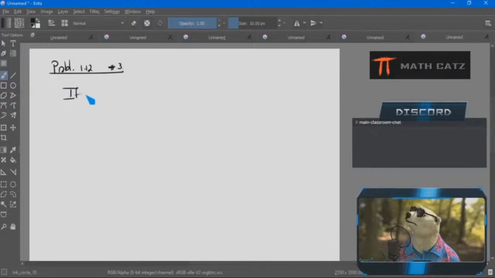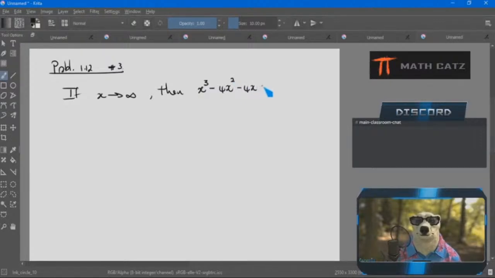So if x grows forever, x approaches infinity, then what is happening to my function? I'll just copy the function, x cubed minus 4x squared minus 4x minus 5. What is that approach?